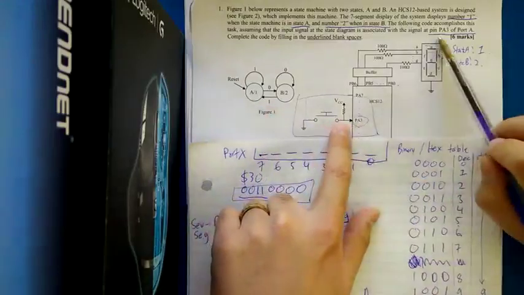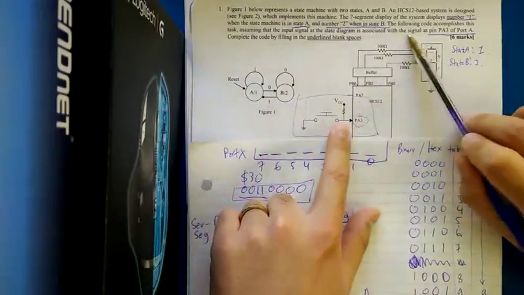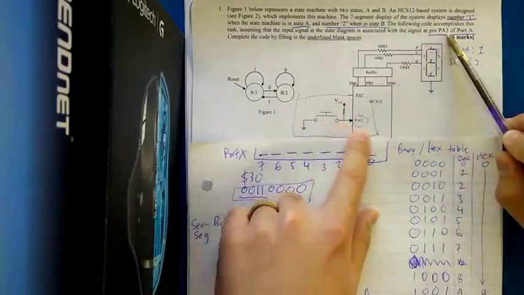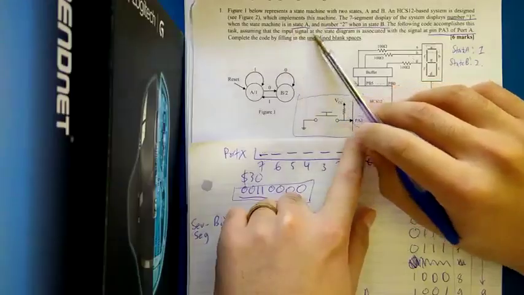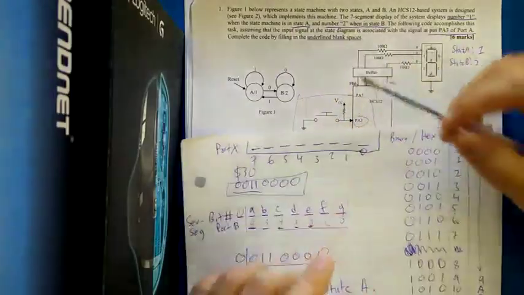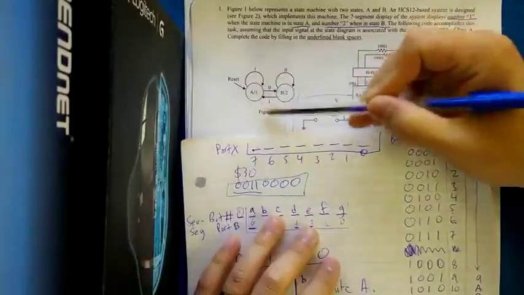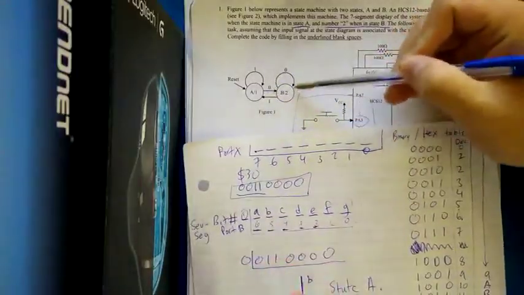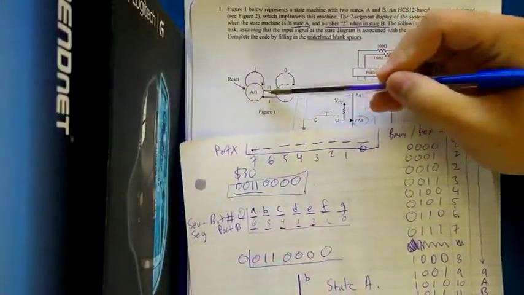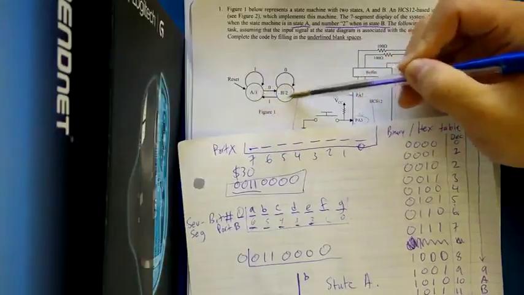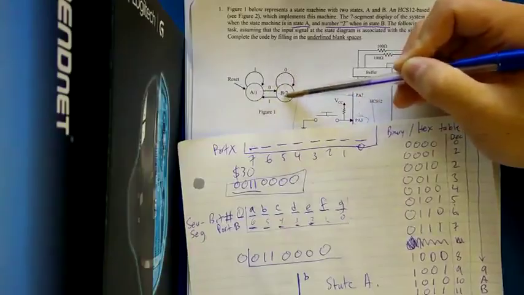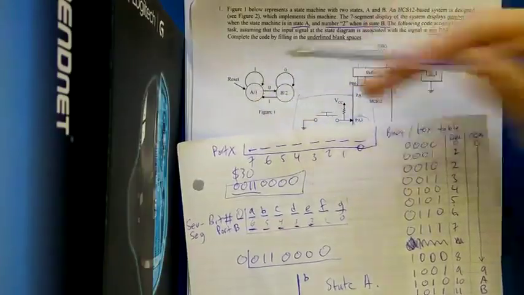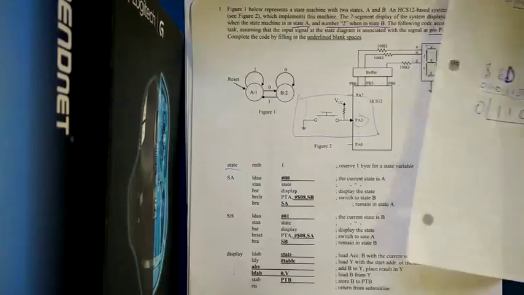Like I said in the question, it's the input signal of the state diagram, which makes the state diagram go to whichever state it is. If it's 1, it goes to A. If it's 0, it goes to B. When it's at B, if it's 0 it stays at B. If it's at A and it's 1, it stays at A, just like a regular state diagram that we learned before.